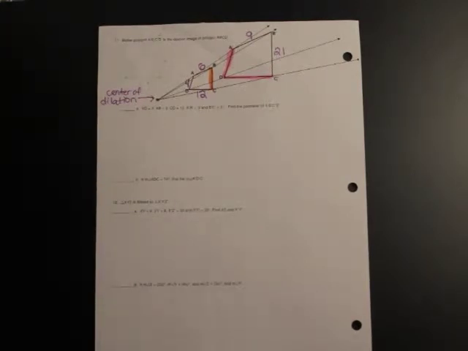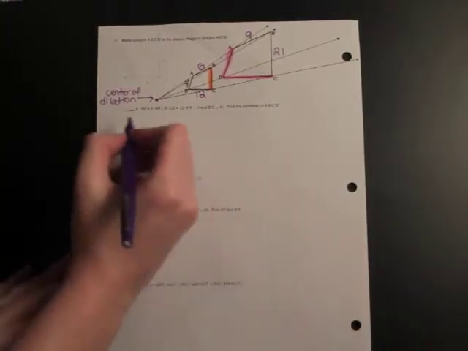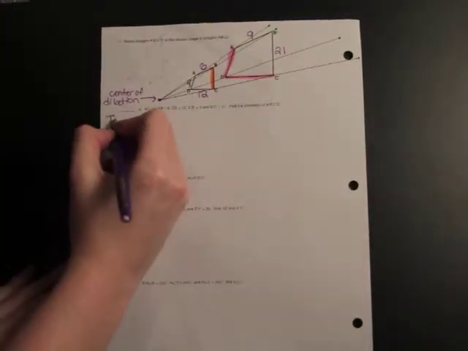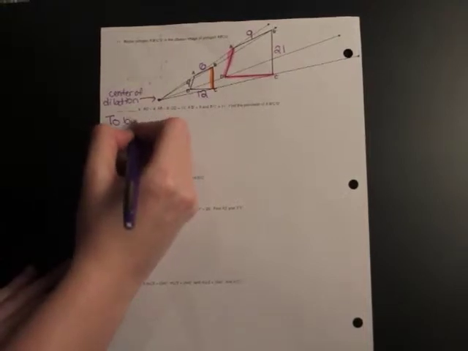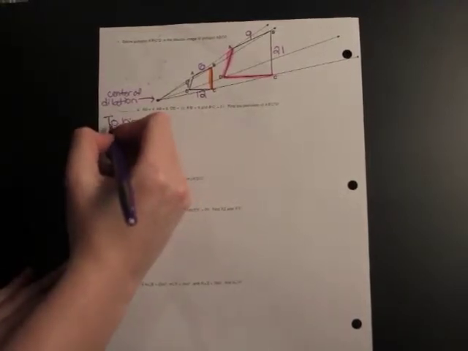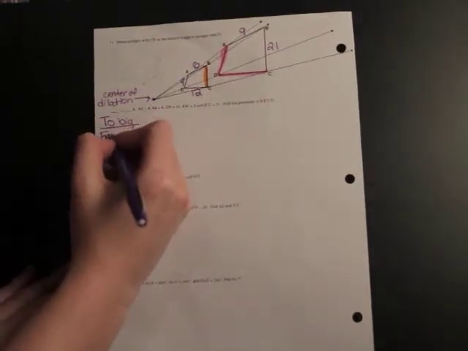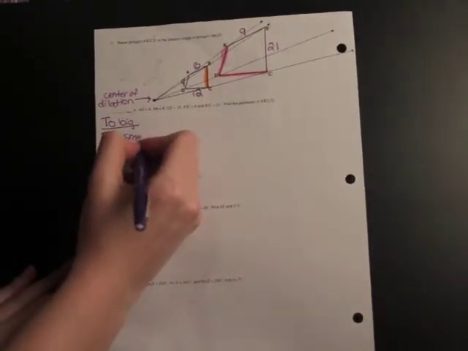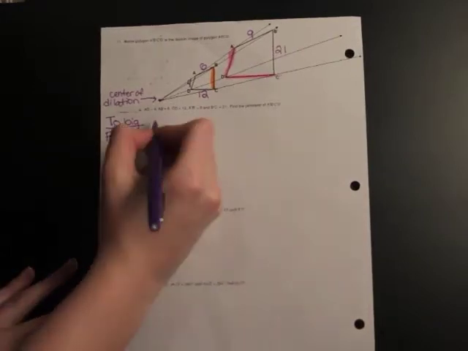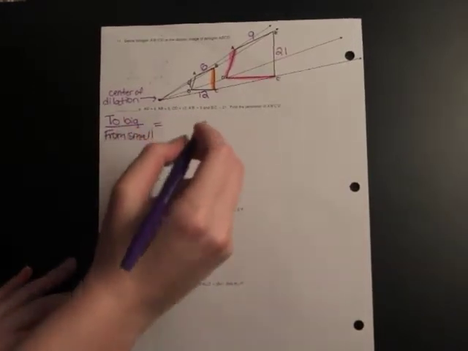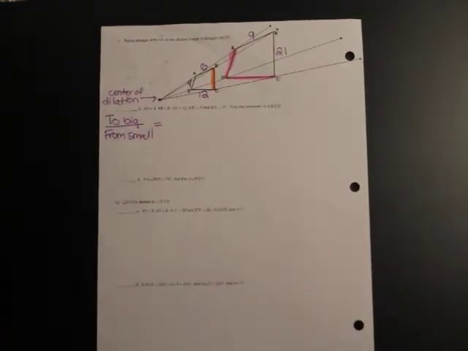Alright, so first things first, we're going to need some scale factors. So, this is where the to and from really comes in handy. If we are going to the big polygon from the small polygon, that means we're going to have a big corresponding side on top and a small on bottom.